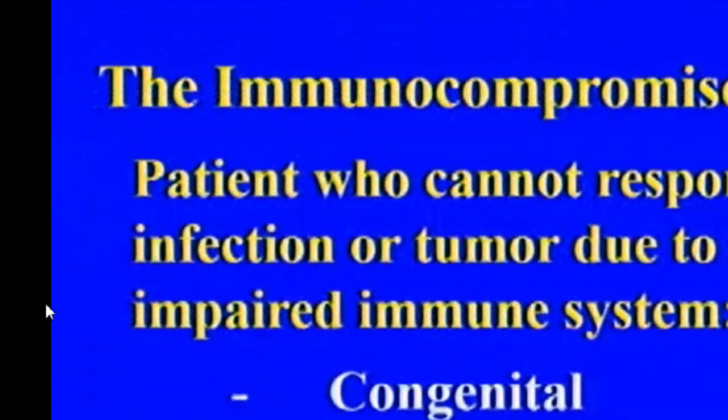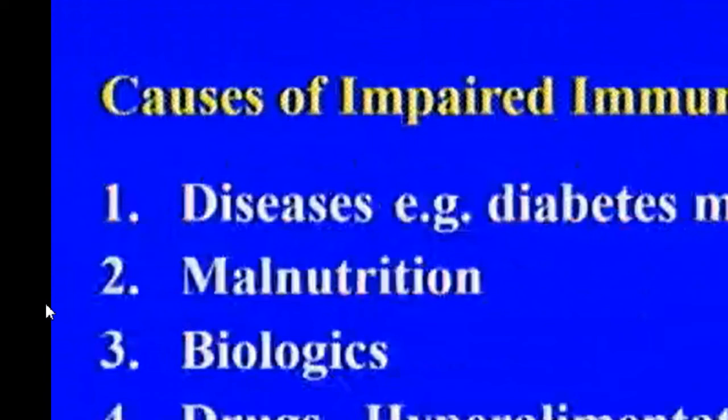Now, how do we define the immunocompromised host? The immunocompromised host is a patient who cannot respond to infection or to tumor due to an impaired immune system. This can be congenital, acquired, or iatrogenic. There are many causes of impaired immune system.